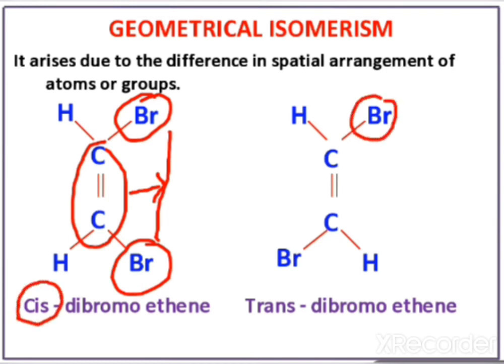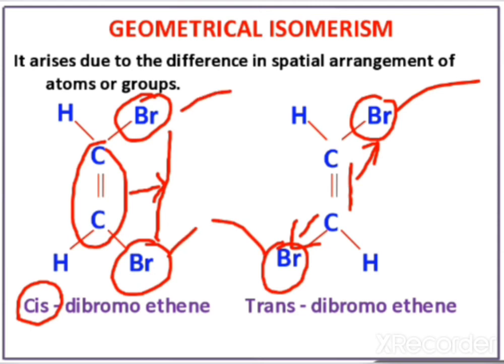And if the bromine atoms are on the opposite sides, one on the right side and one on the left side, where the atoms or groups of atoms are present on different sides, this is known as trans.